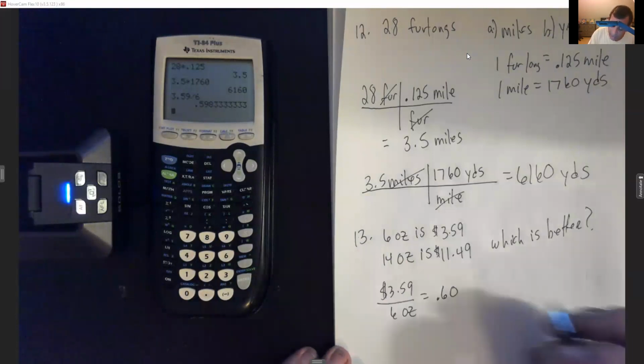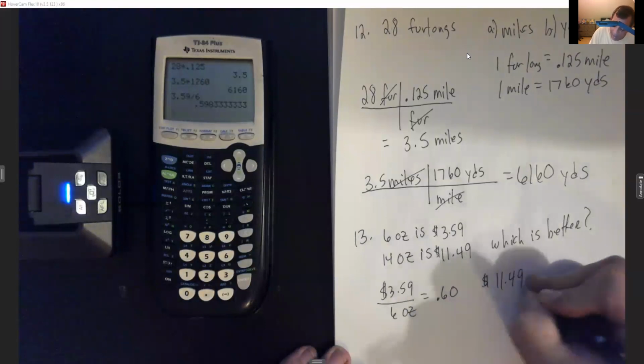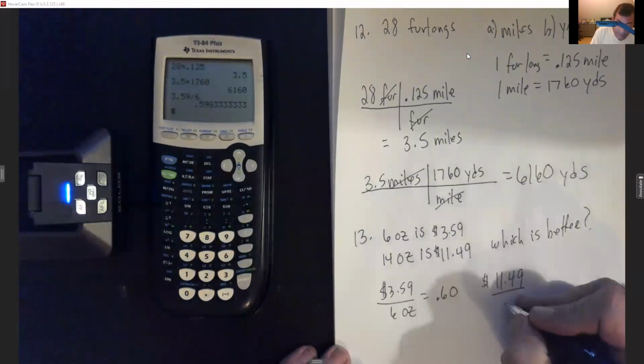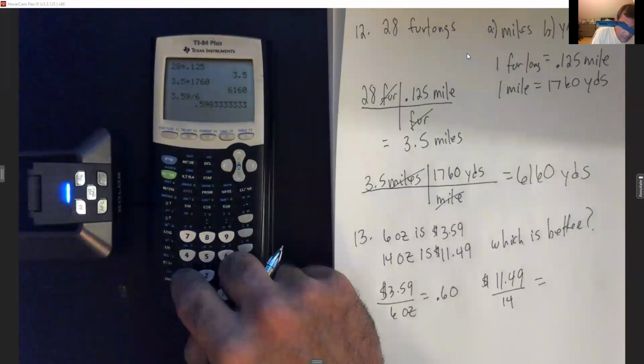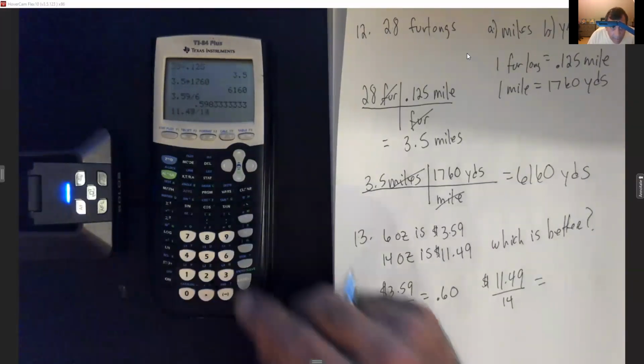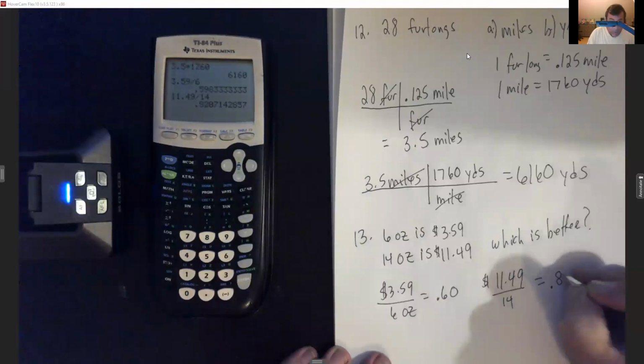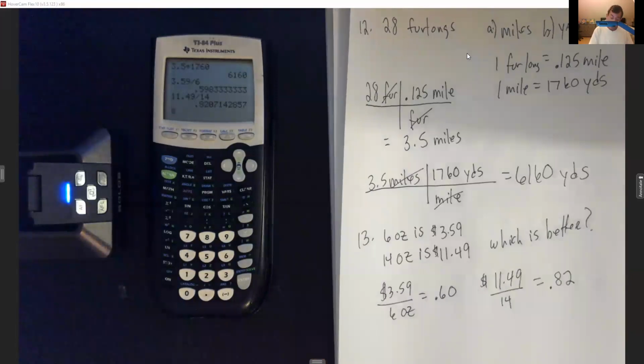Now let's try this one. 11.49 divided by 14 ounces. So 11.49 divided by 14. That's giving me 0.82. So what am I doing? 13. Let me find the rest of my question, y'all.